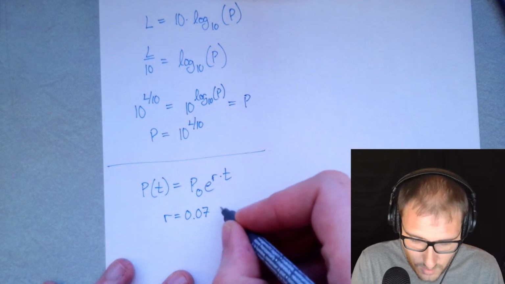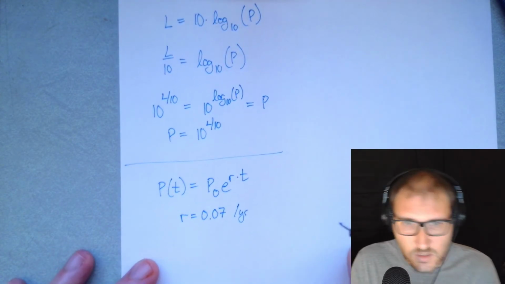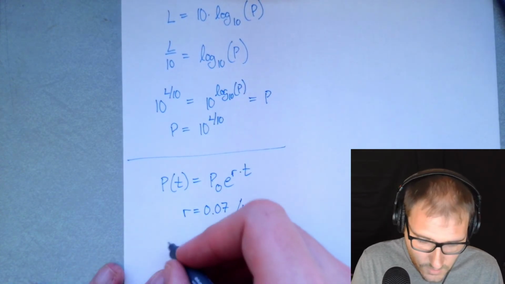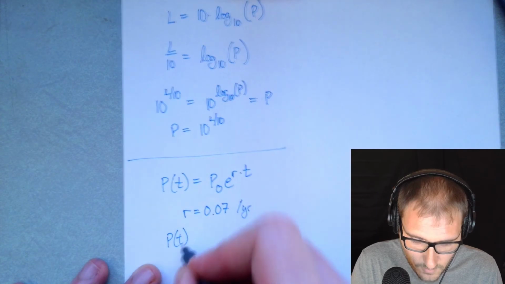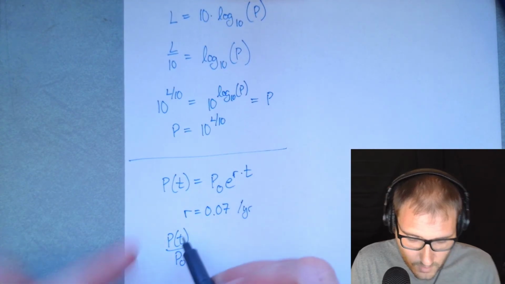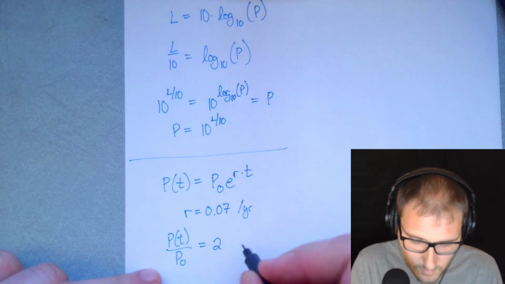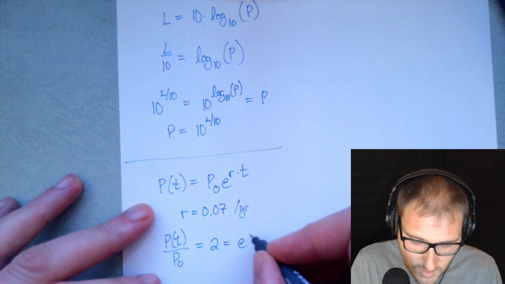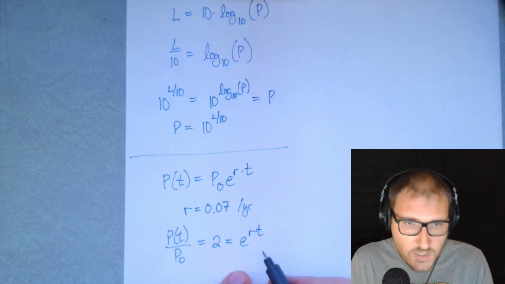7% per year. And I want to know how long it takes to double my money. So I would say I want P, my current money over my starting money, to be 2, so I've doubled my money. So that's equal to e to the rt. I want to solve for t.